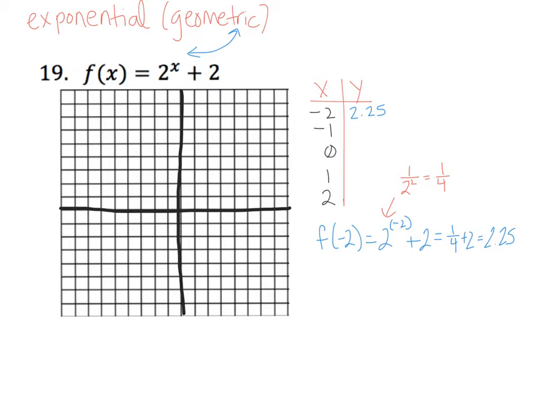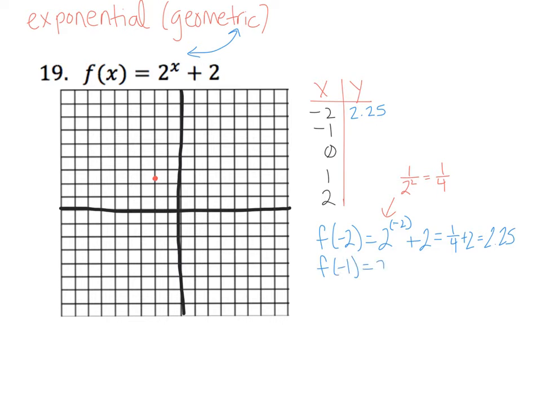Okay, so negative 2, 2.25, so that means over here on the graph I should have a point at negative 2, 2.25. I'm going to have to estimate a little bit where 2.25 is. I'm going to say it's there-ish. So there's my point on my graph. Let me get back over here and do f of negative 1.